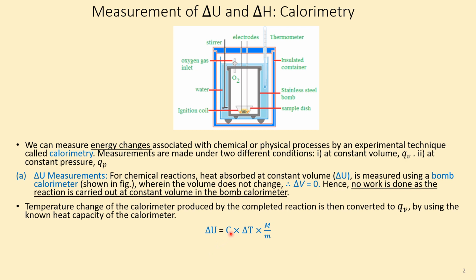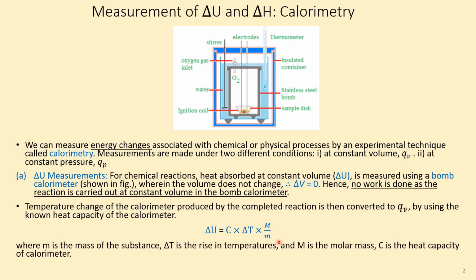We can calculate the change in internal energy, which is given by the relation delta U is equal to capital C into delta T into capital M by small m. In this equation, small m is the mass of the substance, that is, the substance inside the crucible, and delta T is the change or rise in temperature.